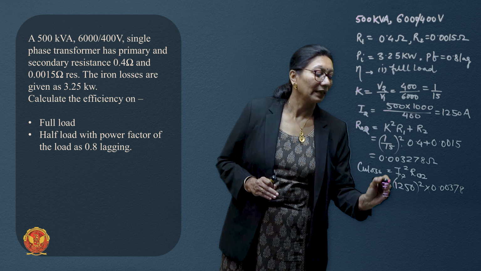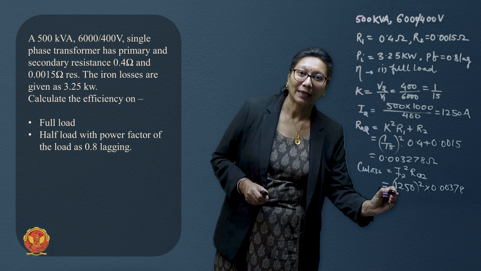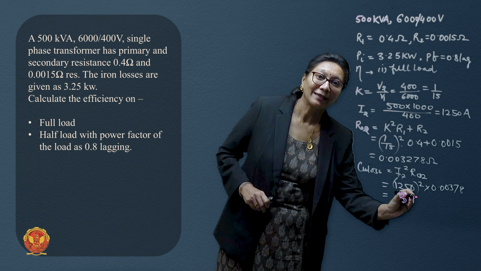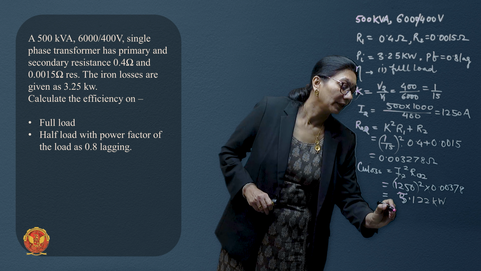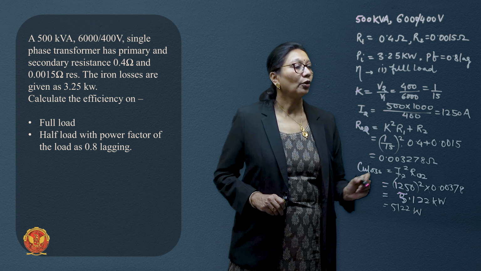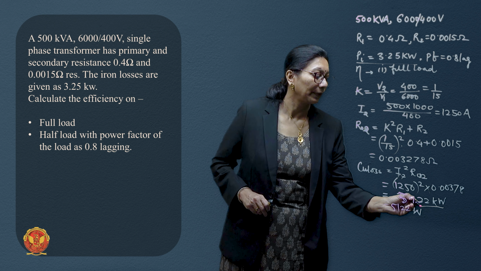This gives us copper losses in watts. After calculation, it would be 5.122 kilowatts or 5122 watts.